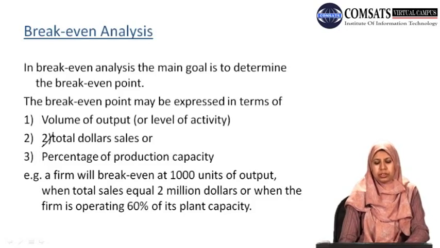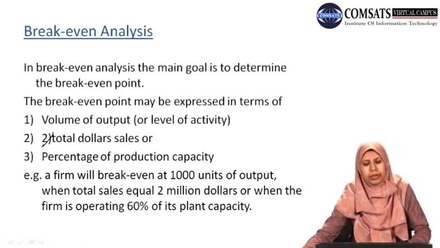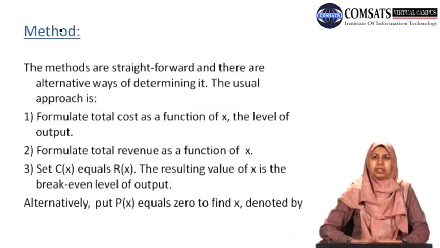Here we know the total dollar sale equals 2 million, or when the firm is operating at 60% of its plant capacity, or the percentage of production capacity. Knowing two things from these, we can find the break-even point. So what is the method to find the break-even point? The methods are straightforward, and there are alternative ways of determining it.